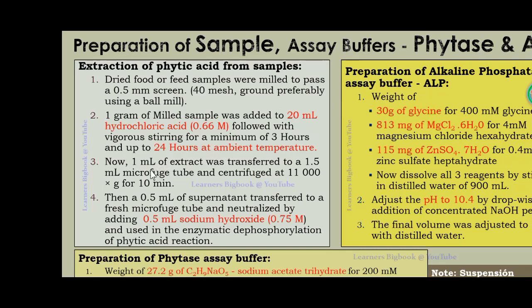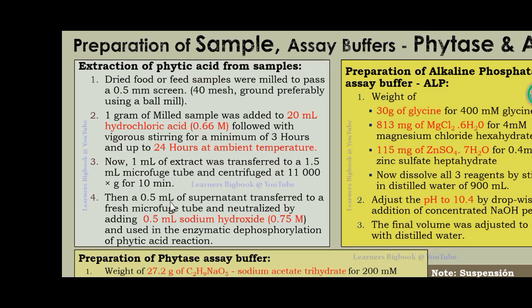Further, out of that, 1 ml of the extract was transferred to a 1.5 ml microfuge tube and centrifuged at 11,000 rpm for 10 minutes.